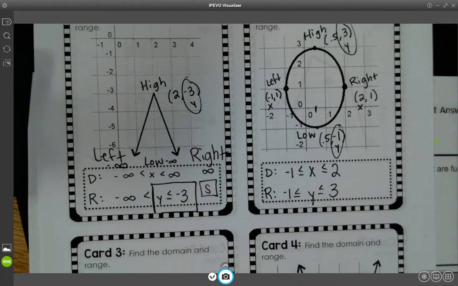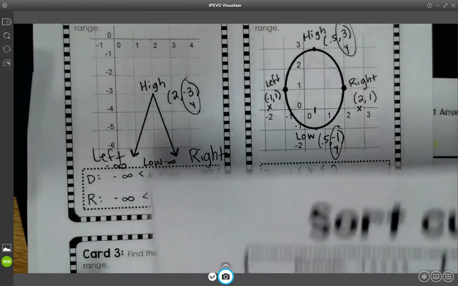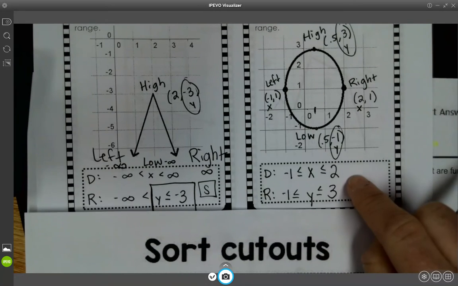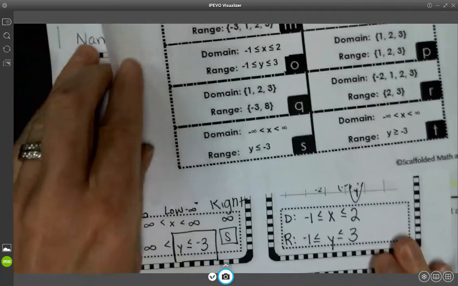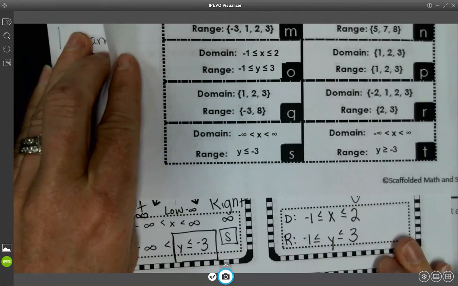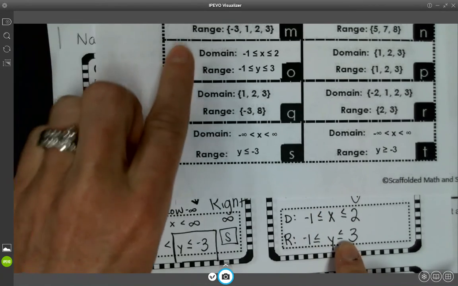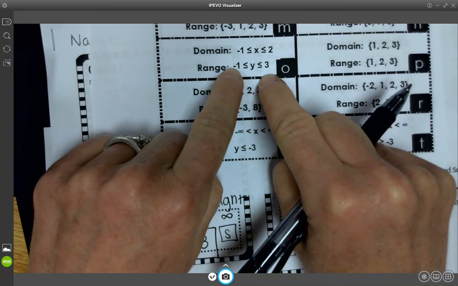So make sure on each one of these cards, if it's continuous, you do left, right, and low, high. So now we'll look at our answer sheet, our sort cutouts, and look for this domain and range. -1 to 2 and -1 to 3. -1 to 2, -1 to 3.